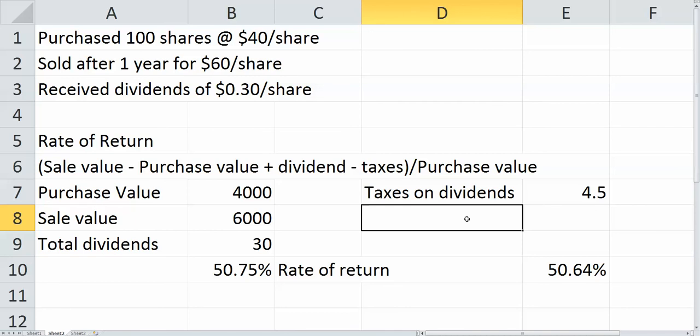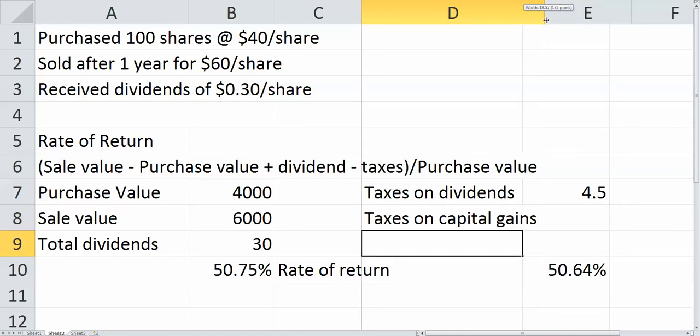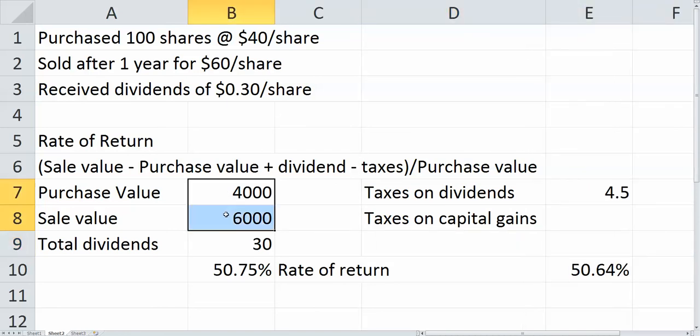The last question asks, what is our realized after-tax rate of return if we sell the stock? If we sell the stock, then we'll actually have to pay taxes on the capital gains and the dividends. So we've got this nice $2,000 capital gain, taking the difference between the sell value of 6,000 and the purchase value of 4,000.